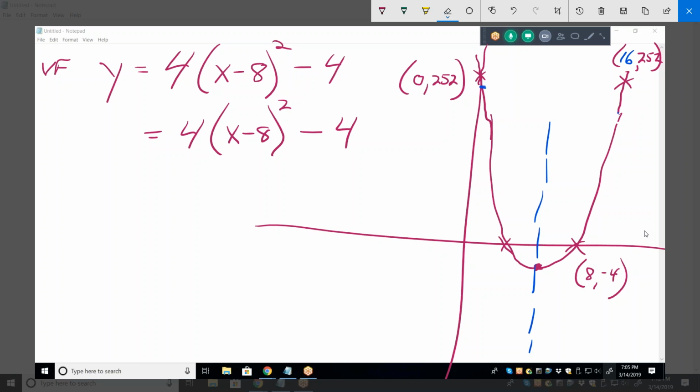In other words, it's already factored for you. And there's no x term anywhere. So all I got to do is isolate that part right there, and then I'm going to take the square root of both sides.